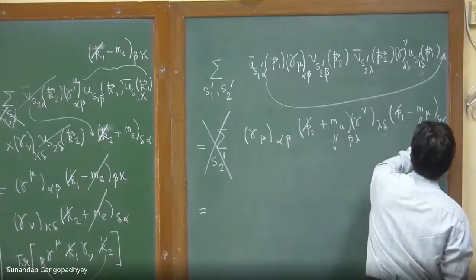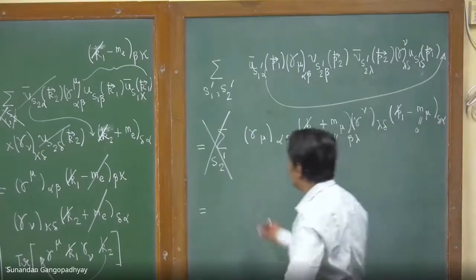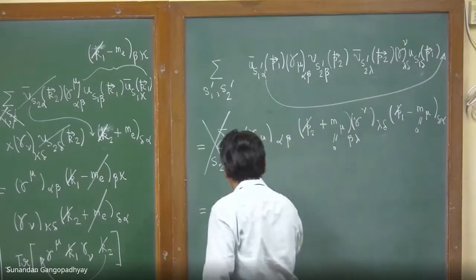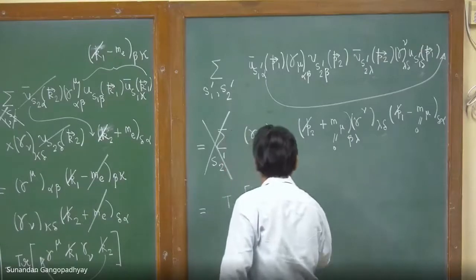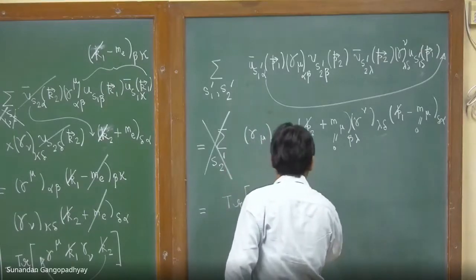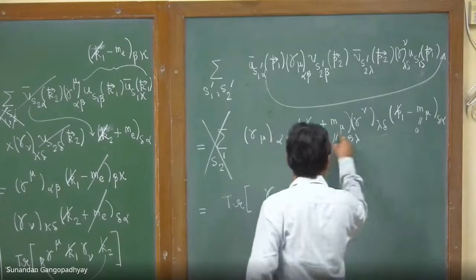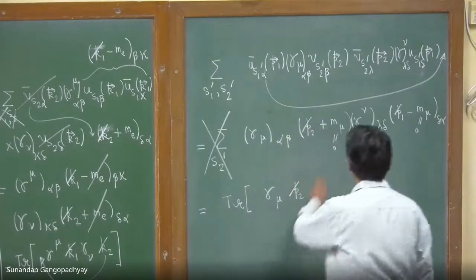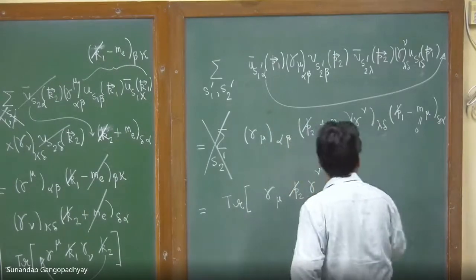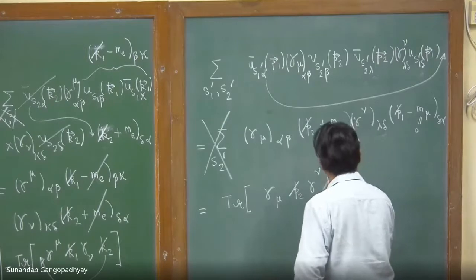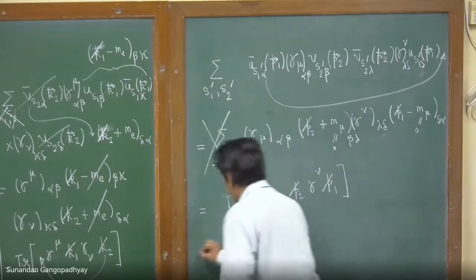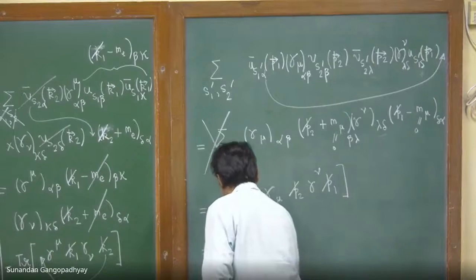So you can see that this is nothing but the trace of gamma mu p2 slash, because I've neglected m_mu, this p2 slash gamma mu p1 slash. This you can write in this way also.